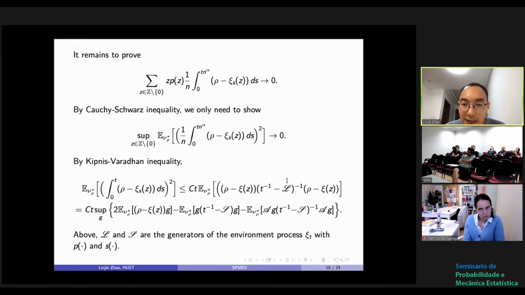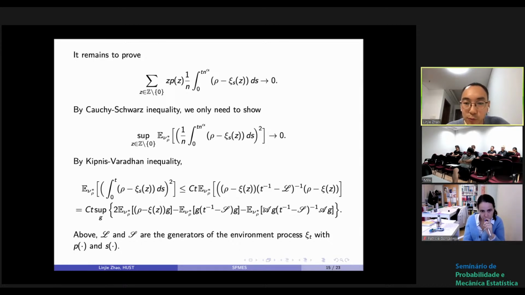Here L is the generator of the invariant process, the generator of the process η_s with jump rate p. For the H minus 1 norm we have the following variational formula. Here S is the symmetric part of the generator L, and A is the anti-symmetric part of the generator L. The main point here is that the third term is non-negative, so since we want an upper bound, we could remove this term.